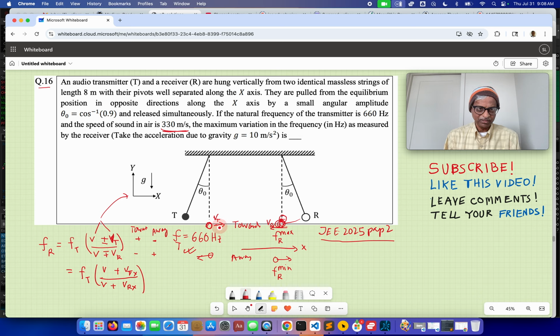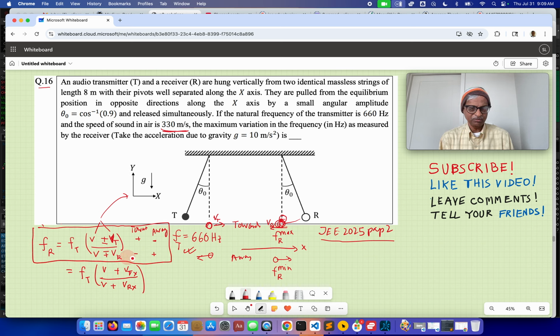This one is positive, this one is negative, and this one is negative, so the negative sign is picked up, and this one is positive. So it captures it if you just use x. But we're going to do this one, which is the more standard one with the sign convention.